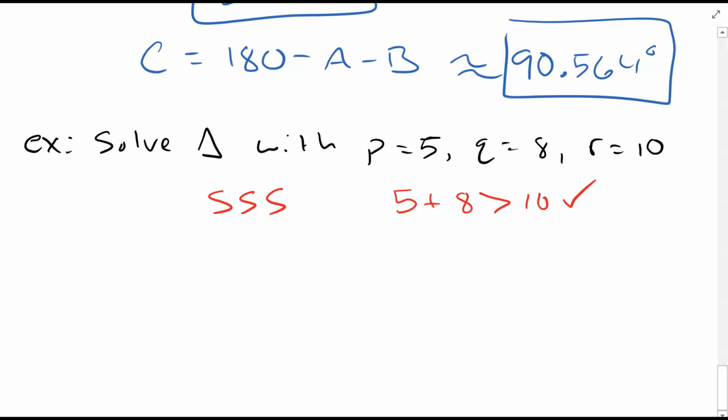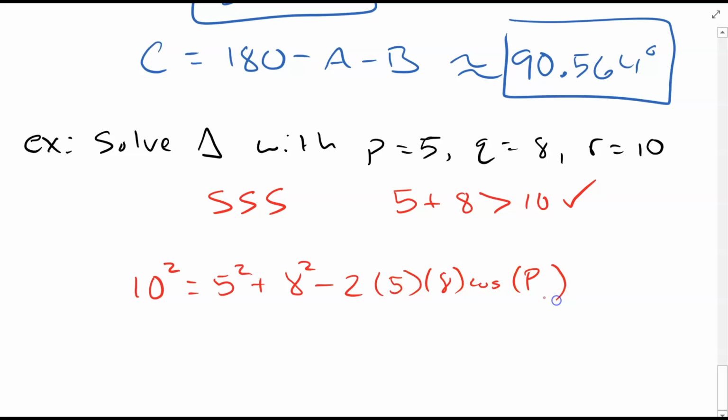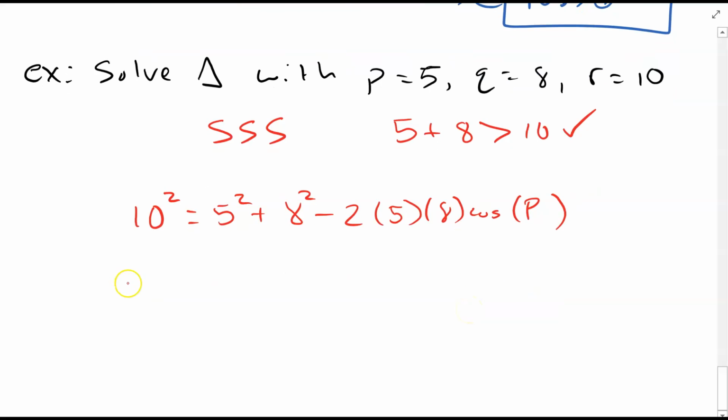So we need to find angles P, Q, and R. Which angle should I find first? R. I should find the largest angle first. So if I use the law of cosines, I have 10 squared equals 5 squared plus 8 squared minus 2 times 5 times 8 times cosine of P. And then just like we did in the previous problem, I'm going to solve for P all in one step.